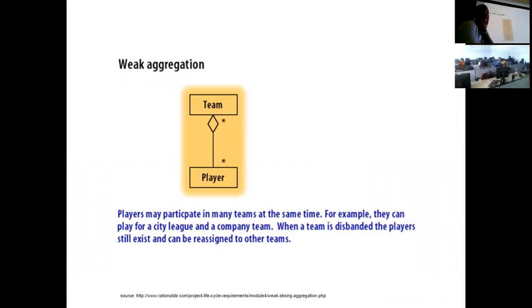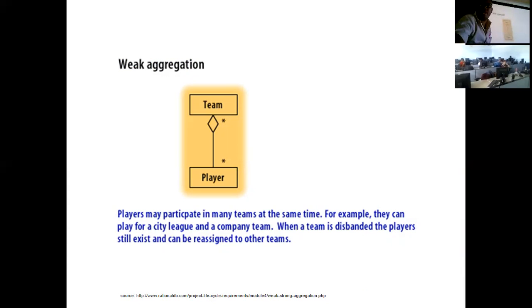Now, weak aggregation means that although another class is using the other class to make up a part of it, it doesn't mean that if that class doesn't create an instance of it or use it, it ceases to exist. So I thought of an example that would be useful, and I like this one. In this case, I have any amount of players to any amount of teams. Notice the star? Good.